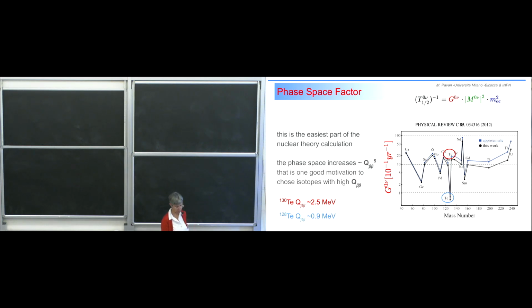Okay, the phase space is what you always have when you evaluate a half-life due to nuclear decays. So these are all candidates to double beta decay. We go back to this concept of candidates in a while. This is a plot that you can find in the literature, and it is already a selection of possible candidates.